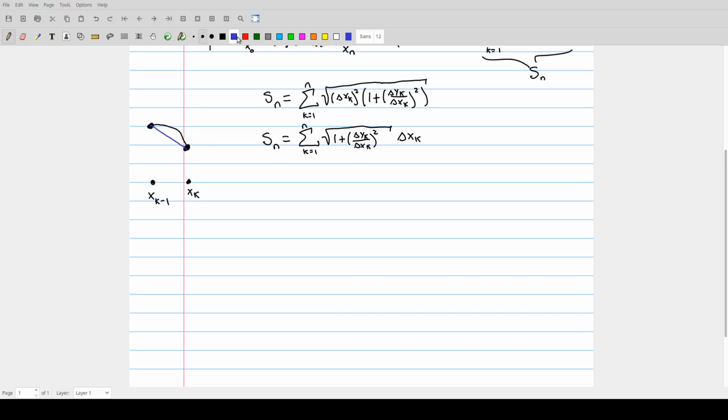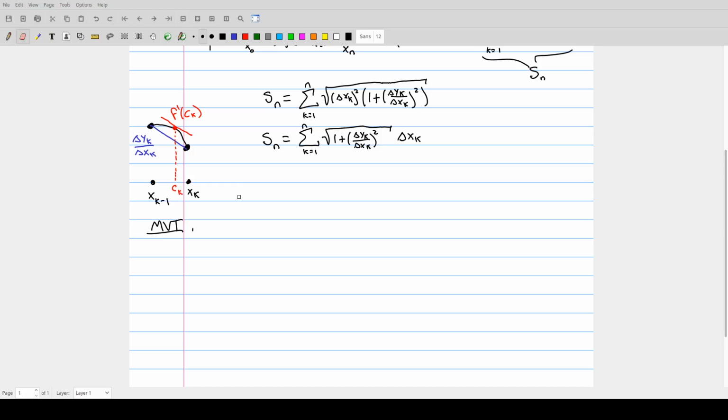There will always be a point in this interval, say the point right here at ck, where the derivative of the function, f prime at ck, is in fact equal to the average slope, the slope of this line. The slope of this line being delta yk over delta xk. So this is guaranteed for us by the mean value theorem.